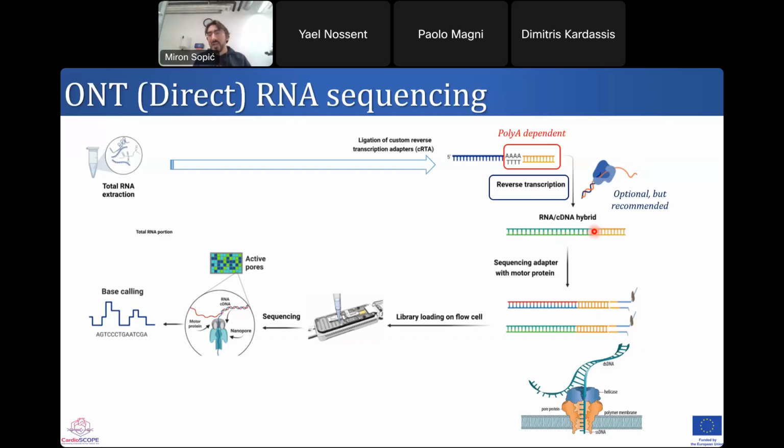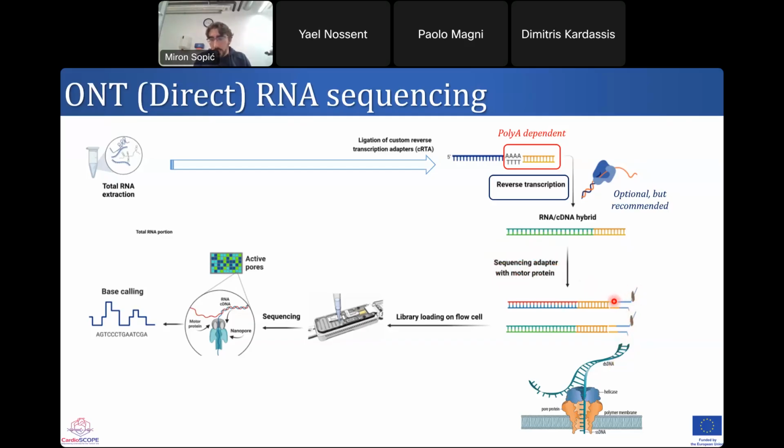Because we know that RNAs are single-strand molecules that tend to have many secondary structures, and if you have secondary structures, they will be much more reluctant to go efficiently into the pore, and then the efficiency of your sequencing is going to decrease. So when you do reverse transcription, you create this duplex between RNA and cDNA that is linear, and then in the next step you ligate the adaptor protein, and then you perform sequencing.